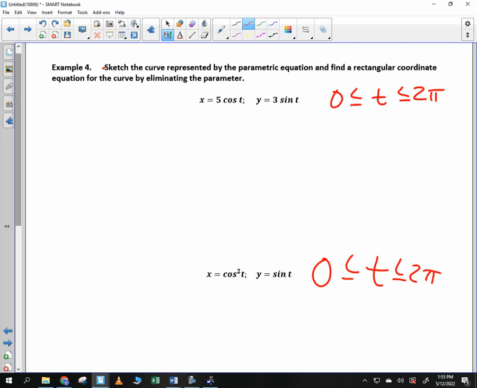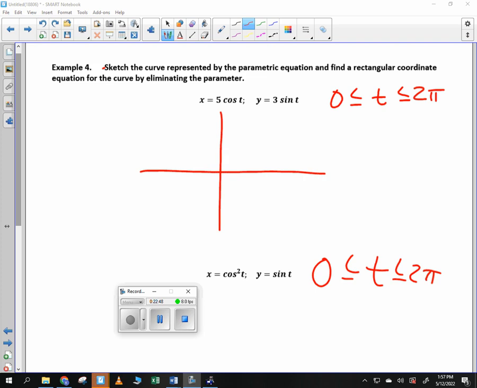Ready, set, go. I got an ellipse. Is that what you got?